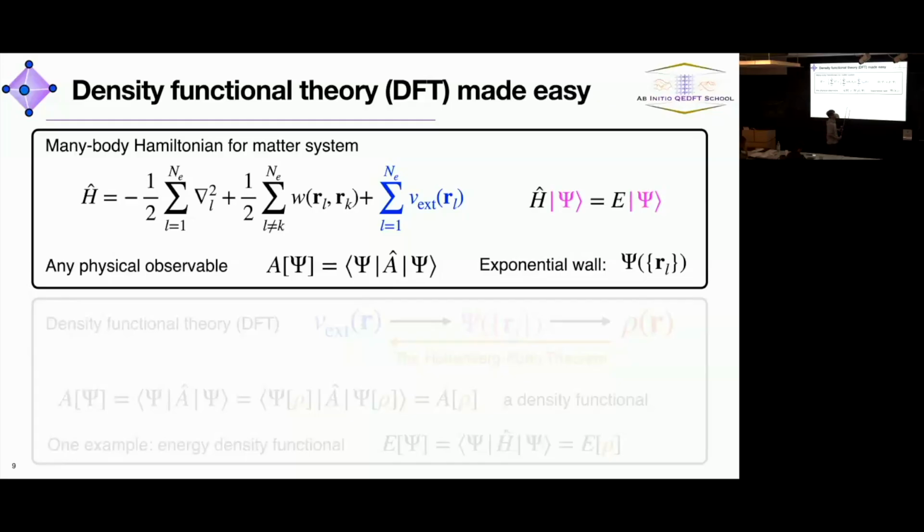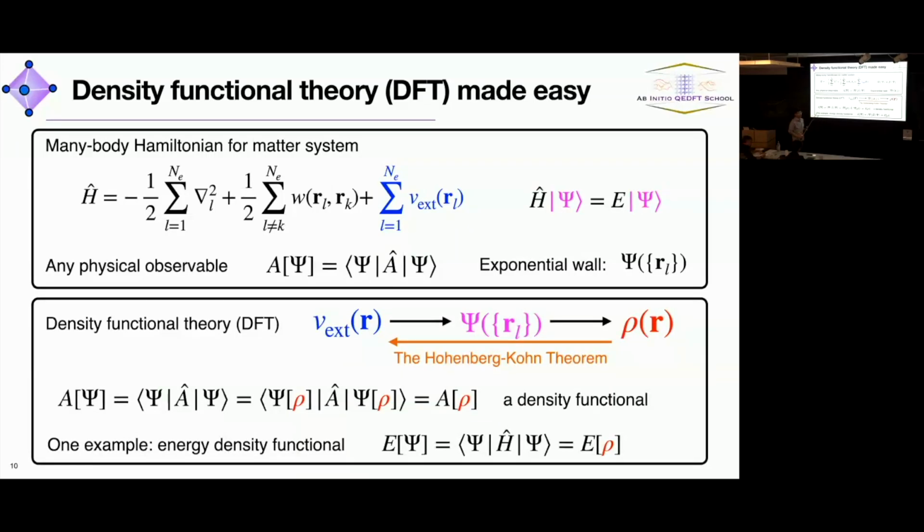But the issue here is that if you use this approach to compute the wave function directly, then you are going to hit the exponential wall, because once you have more electrons, it becomes more cumbersome. That's why we introduced density functional theory. The idea is that once you have an external potential, it gives you the exact wave function, and from the exact wave function you can compute the exact expectation value of any physical observable.